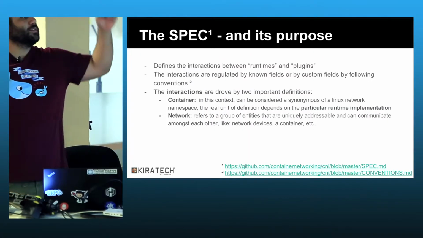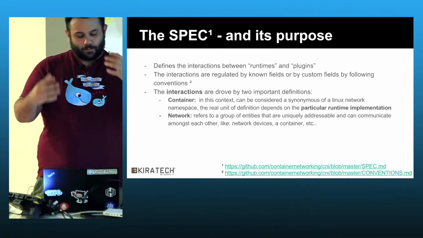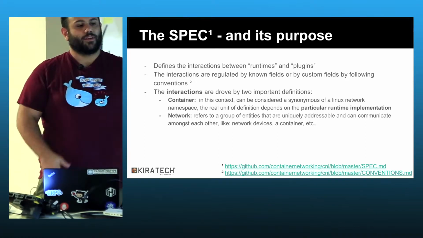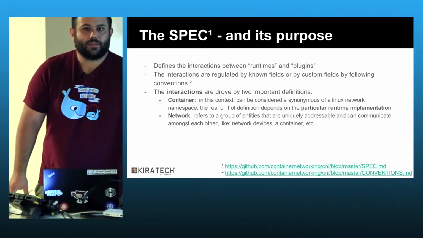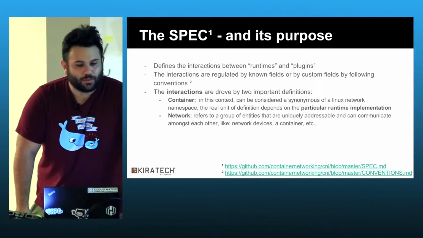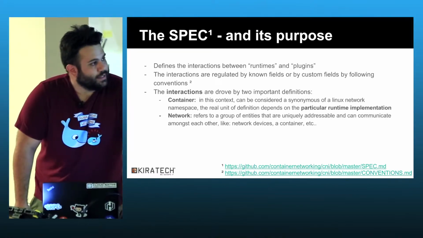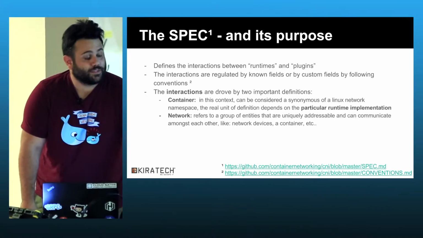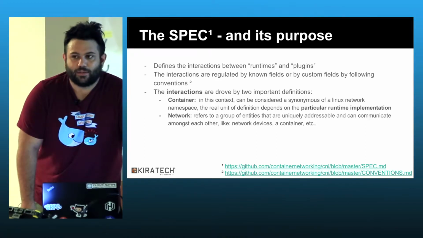The two main terms of the glossary of CNI are container and network. These terms are pretty similar to what happens in the Docker libnetwork CNM model, in the way that for CNI a container is not a first-class citizen or something like that.